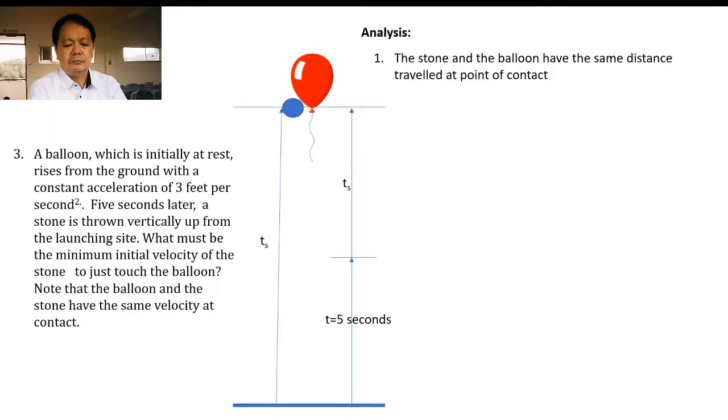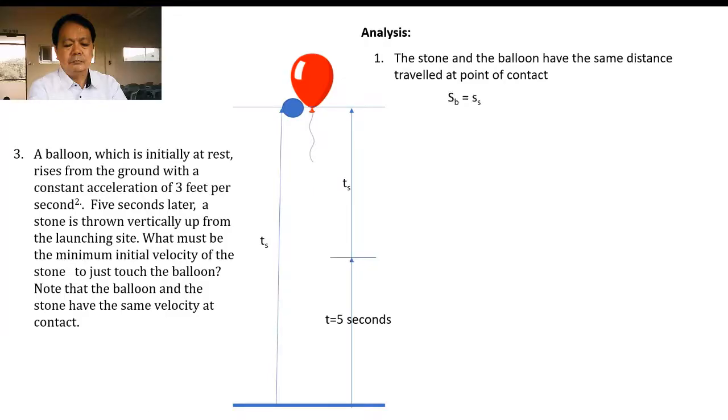Second, now let us try to consider which of the two particles have traveled longer. You'll notice that the balloon travels longer than the stone because the stone is released only after 5 seconds of initial travel of the balloon. Hence, the balloon's travel is longer. And how long is the time of the balloon than the time of the stone?